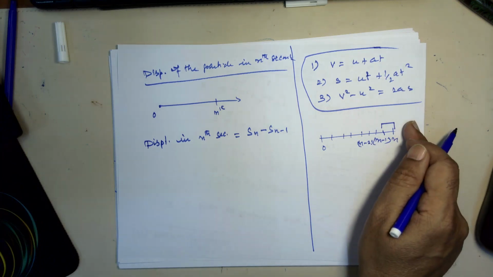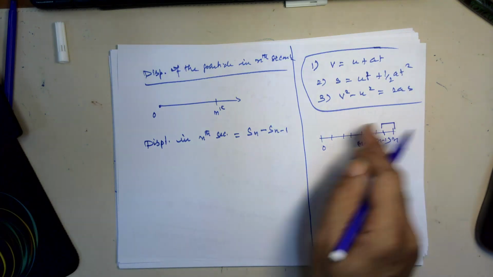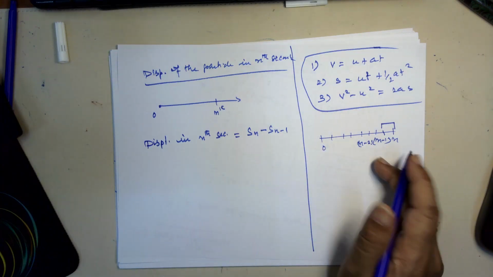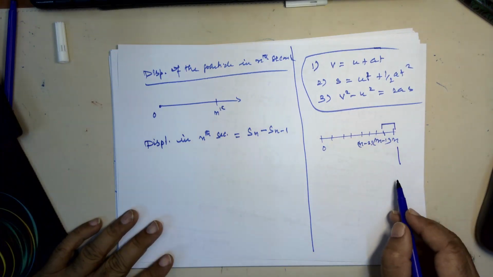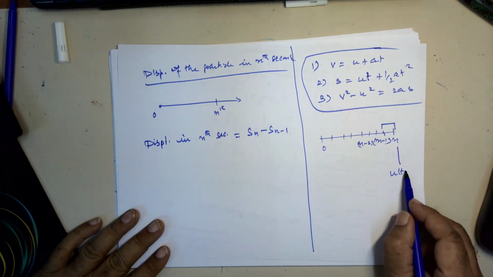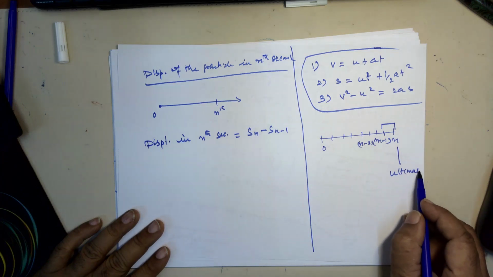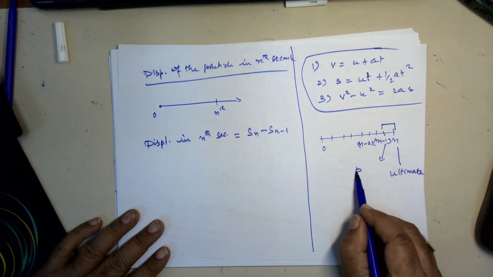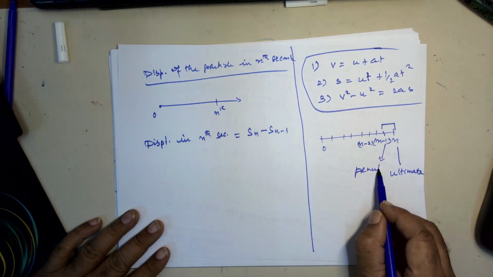It means a final minus, this is called ultimate. Sn is ultimate. N minus 1 means penultimate. You should note down this term. Ultimate means final. Penultimate means one step before that.